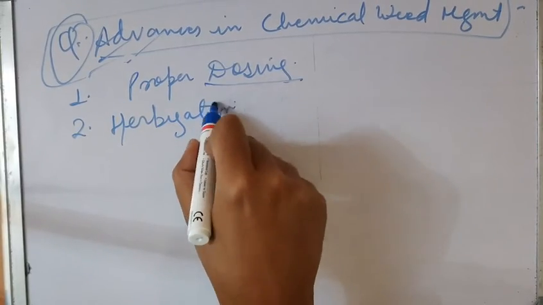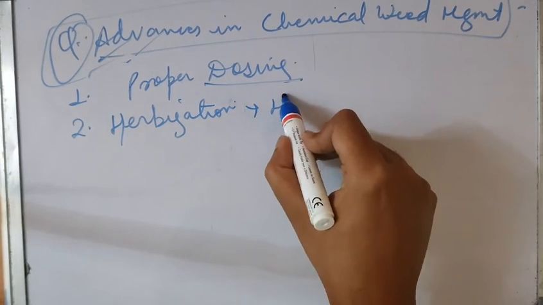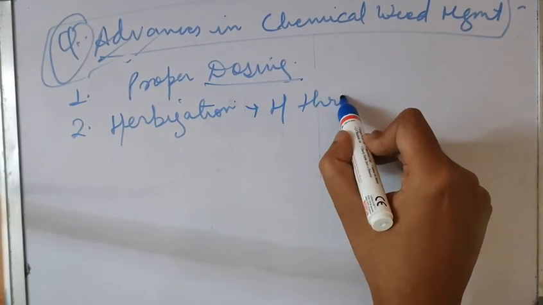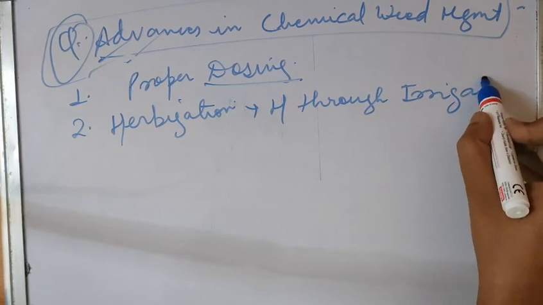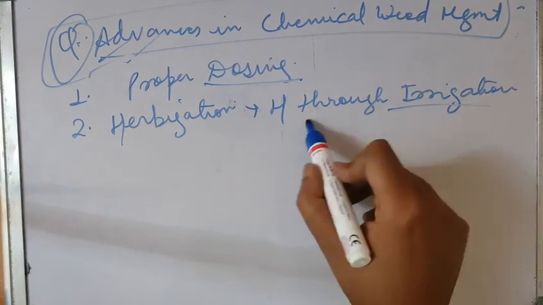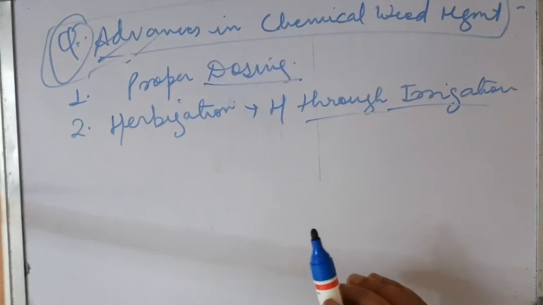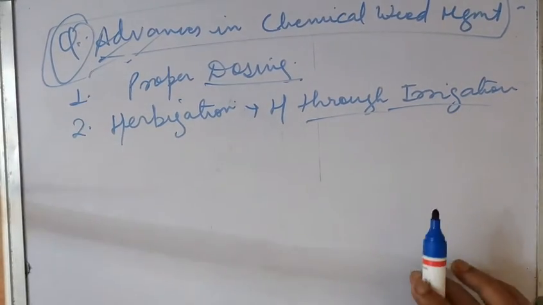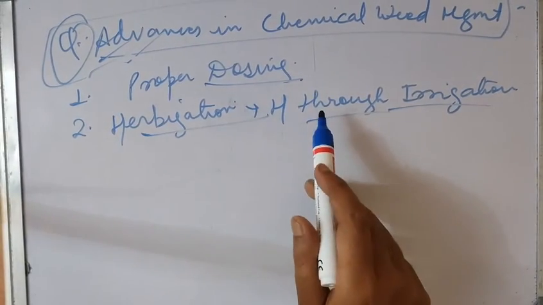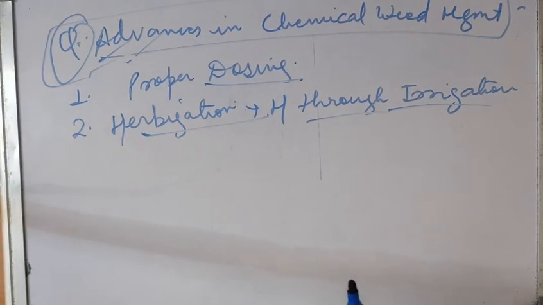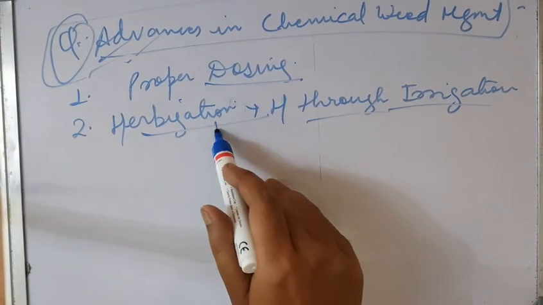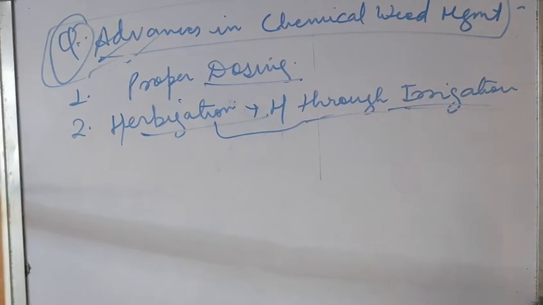What is herbigation? Herbicides through irrigation. I hope I have taught about fertigation in the previous lecture. This is herbigation. In fertigation, fertilizers through irrigation. It is commonly used in drip irrigation. What we do is add a certain amount of herbicides in the tank of the drip irrigation, which through irrigation in the field control the weeds.